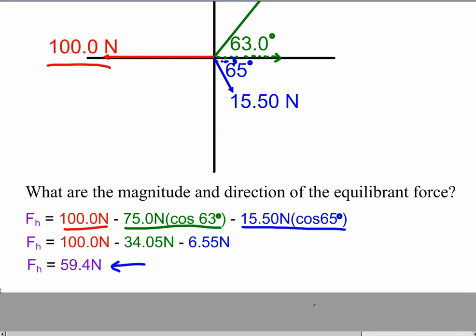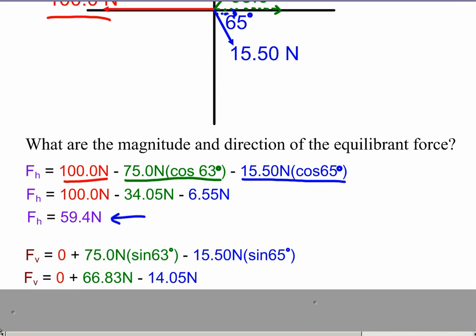We're going to do the same exact thing, finding vertical components now, and we'll add all of our vertical components together. Our 100 Newton force is purely horizontal, so it has no vertical components. We're just going to deal with our green force and our blue force to find their vertical components. One is pointing up, one is pointing down. So our green force, now we're going to take the sine of 63 degrees because that is the vertical component way to find it.